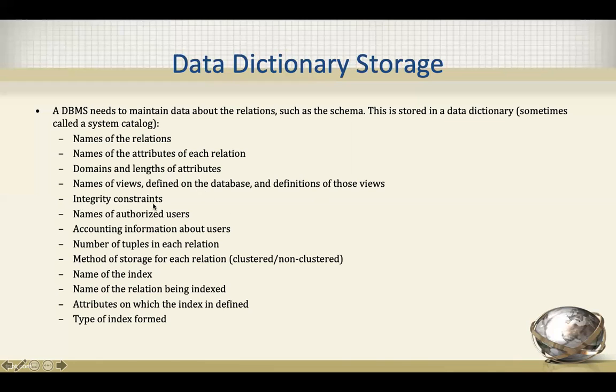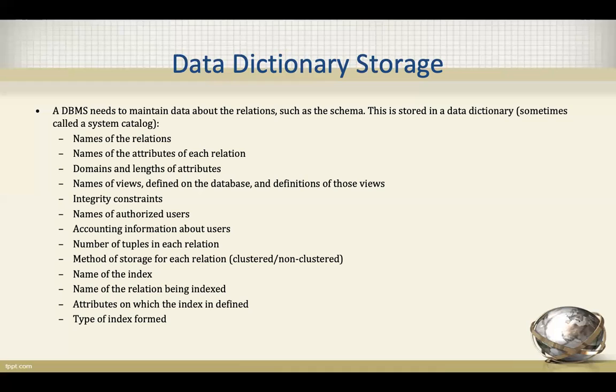Then we have integrity constraints. What is the meaning of integrity constraint? Integrity constraints are nothing but some restrictions on the data, on how we define the data. Taking care of that, while creating the table, we define the integrity constraints.